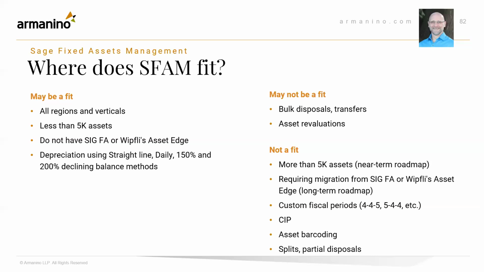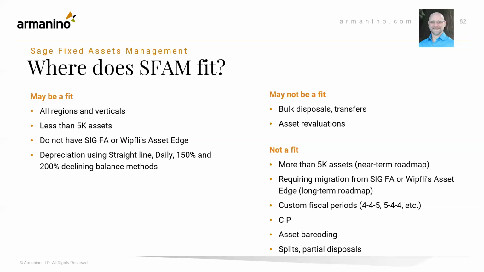Management module. It's also not a fit for those that are looking for custom fiscal periods, things like 445 or 544. If you're using the construction in progress functionality or see a use for that in the future, not a good one for you. I'm assuming they don't say it, but I'm assuming they're going to build that in the future. Same thing on asset barcoding, splits, and partial disposal.